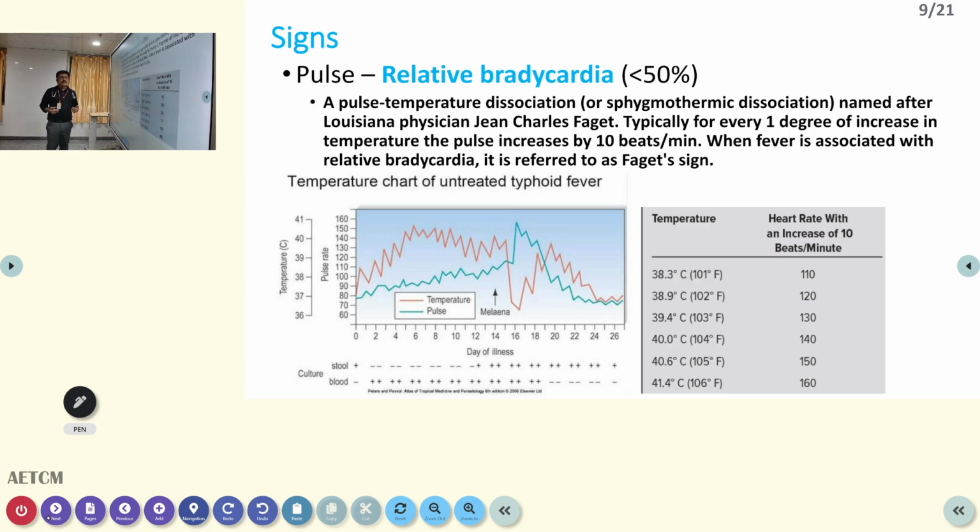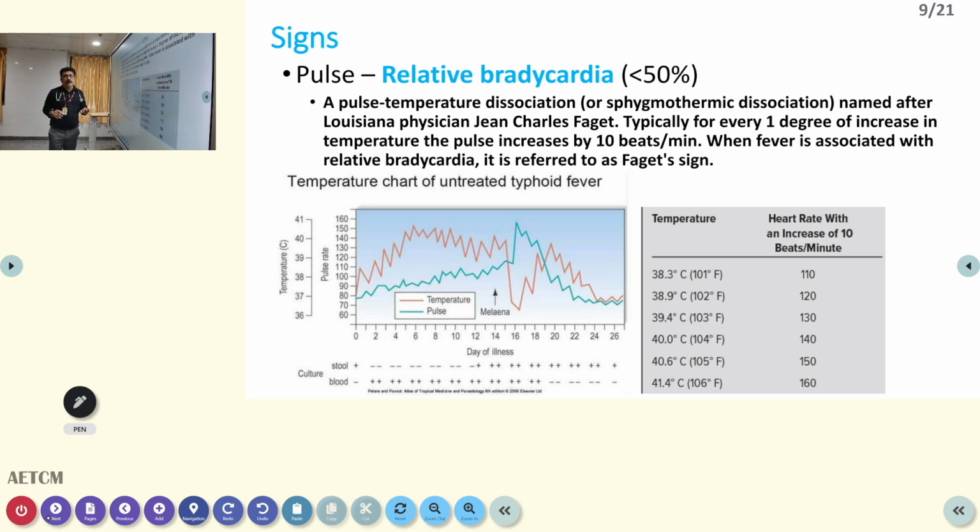Relative bradycardia. Normally, when we are treating a patient with high degree fever, there will be a typical rise of heartbeats according to the temperature. So for every 1 degree rise in temperature, the pulse increases by 10 beats. But if that expected range is not there, then you can call it relative bradycardia.